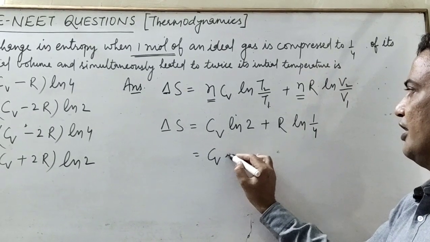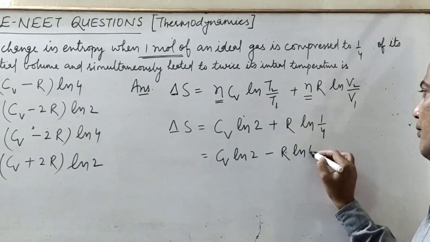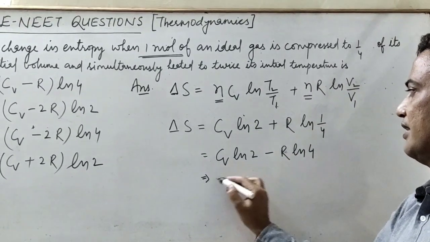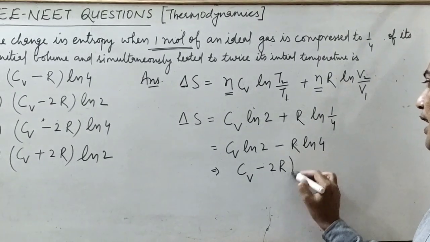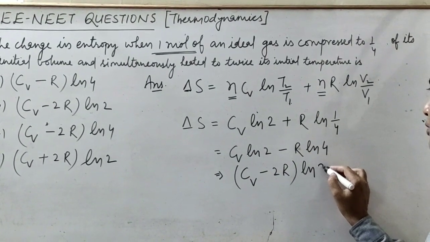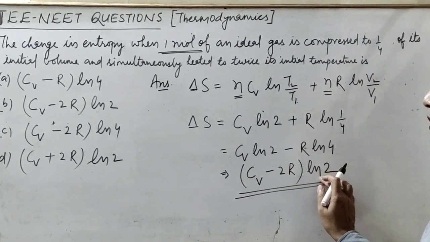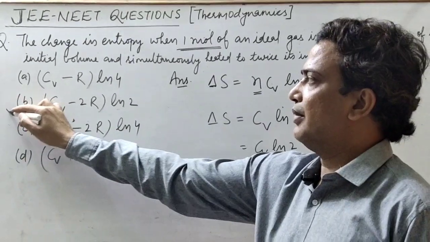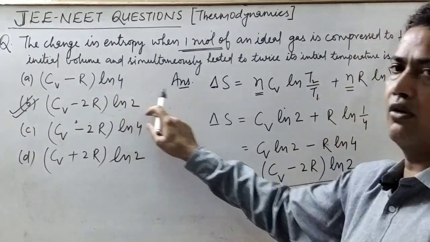It means Cv log 2 minus R log 4. Log 4 can be written as 2 log 2, so solving this you get (Cv minus 2R) log 2. So option B is the correct answer, (Cv minus 2R) into log 2.